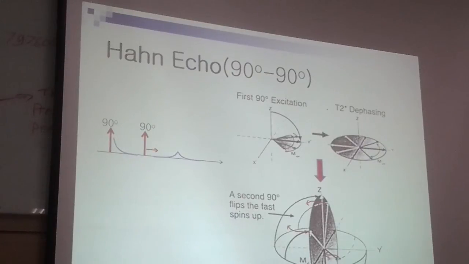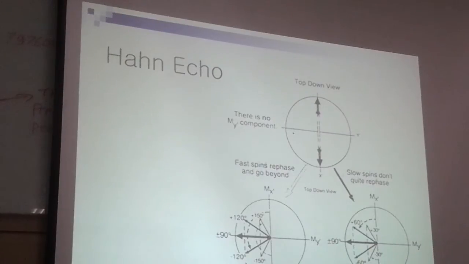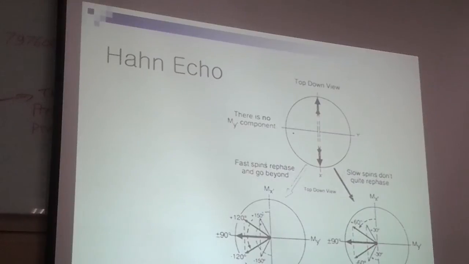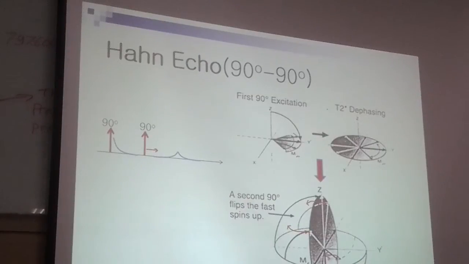The black spins also precess in this direction and in this direction. So after that, these spins are white arrows, and these spins are black arrows.